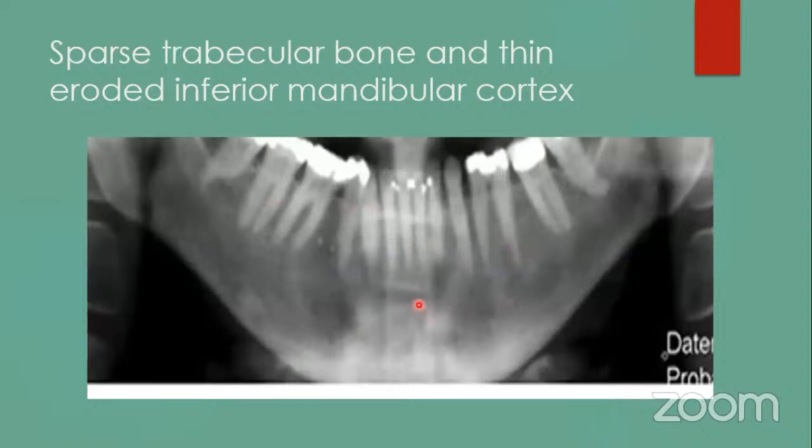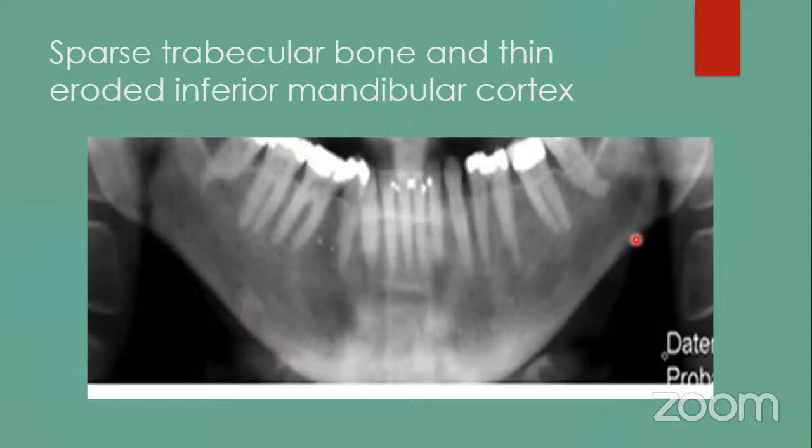Okay, so this is an example of a mandible where we have sparse trabecular bone, and we also have a thin, eroded inferior mandibular cortex. Look at the mandibular cortex there.